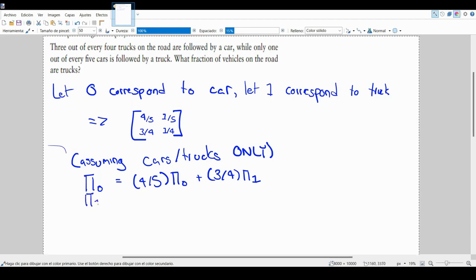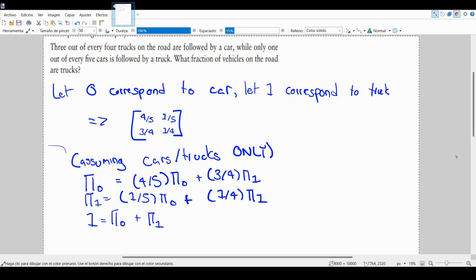And pi 1 will equal 1 over 5 pi 0 plus 1 over 4 pi 1. And then we'll note, because we are assuming cars and trucks only, that 1 is going to equal the total proportion of vehicles, pi 0 plus pi 1.